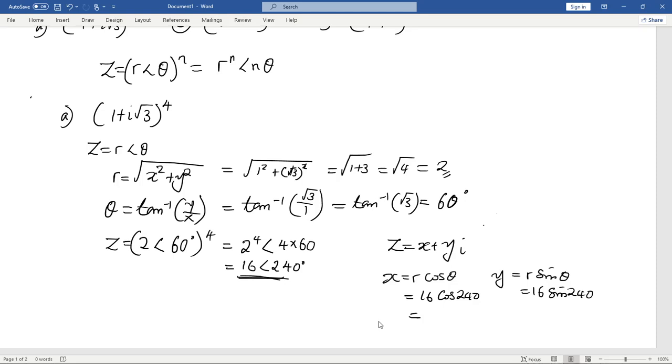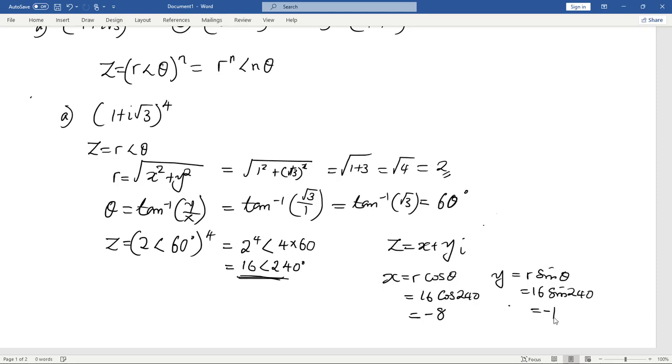So the value of x, we're getting negative 8 there. Then let's punch for this one as well. So we have 16 sine 240. So 16 sine 240, we're getting negative 13.9.